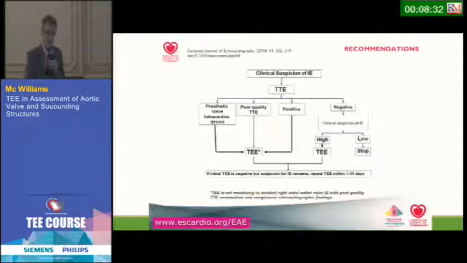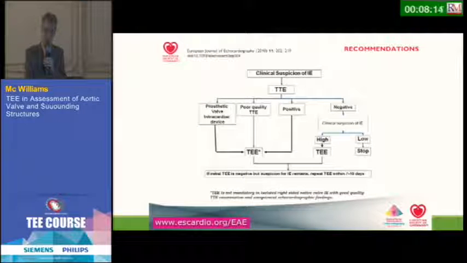What about endocarditis? Again, there's guidelines. If there's a strong clinical suspicion of endocarditis, transthoracic echo is performed. But in patients with a prosthetic valve, poor quality transthoracic, or positive transthoracic, TEE is indicated.